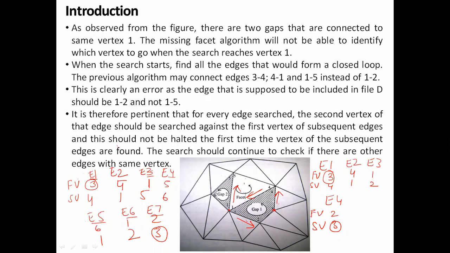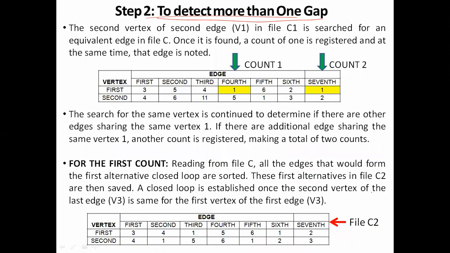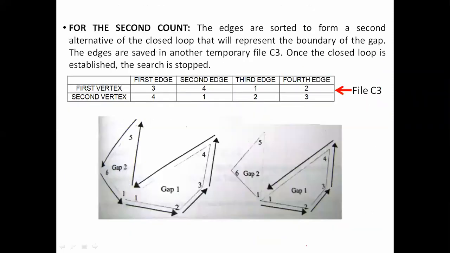So now I understand that I have got two options according to the closed loop algorithm. For the first option, there are seven edges and the loop is complete.